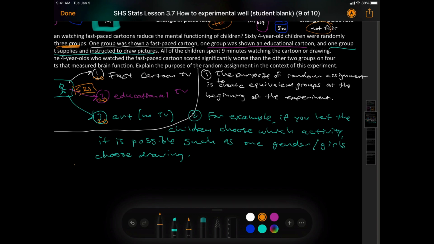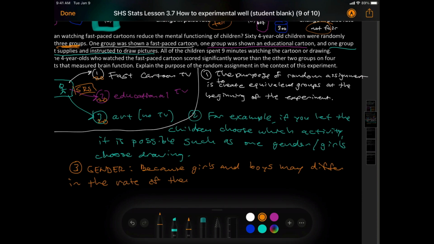And then also something else that could be confounding is gender. So not just preference of shows, but gender. Because girls and boys may, we're not saying for certain, differ in the rate of their brain development.